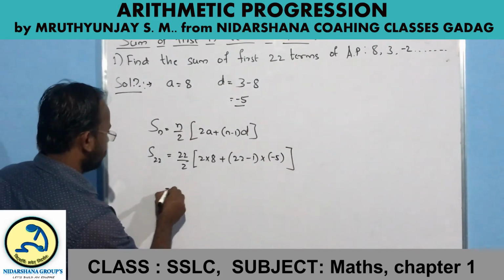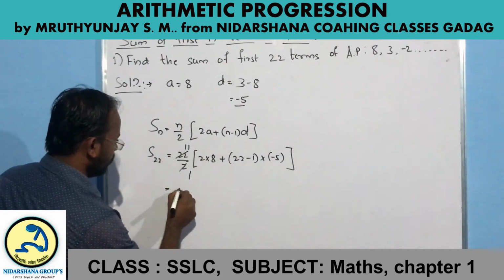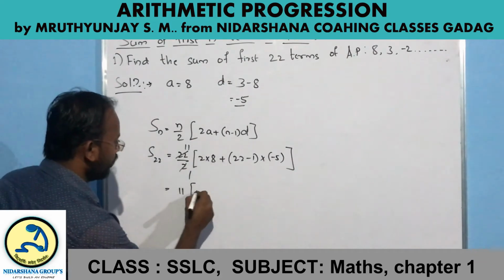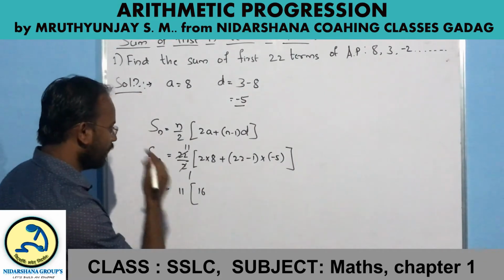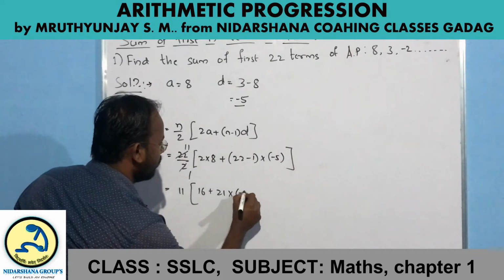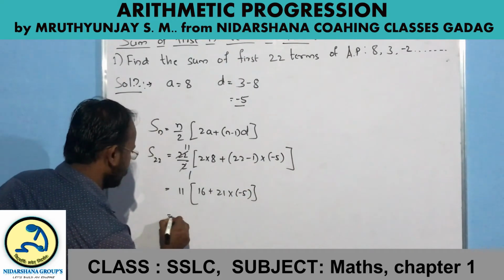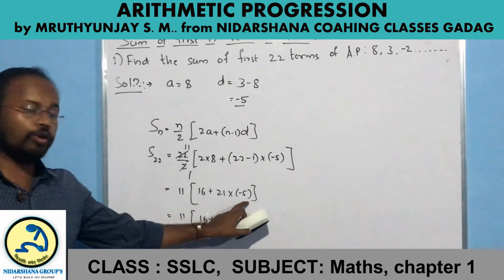Okay, so 22 divided by 2 is 11, 2 into 8 is 16, 22 minus 1 is 21 into minus 5. This is equal to 11 into 16 plus 21 into minus 5.